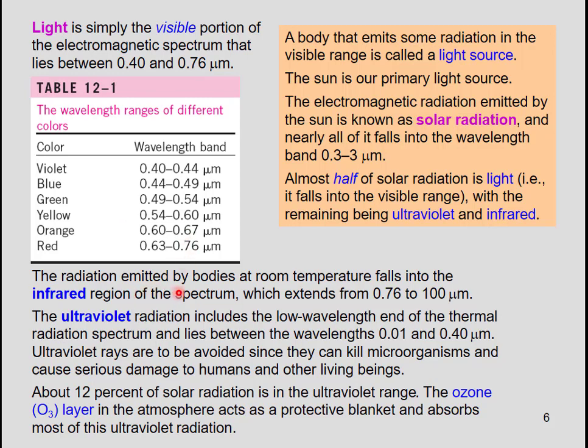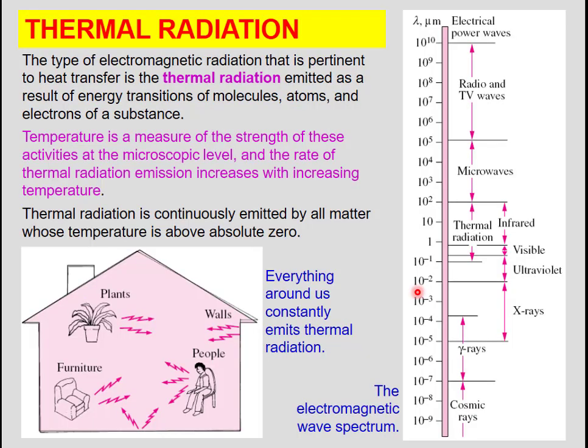And the radiation emitted by bodies at room temperature falls into the infrared region of the spectrum, which extends from 0.76 to 100 micrometer. The infrared actually is the longer wavelengths you can see in the spectrum. This is infrared.